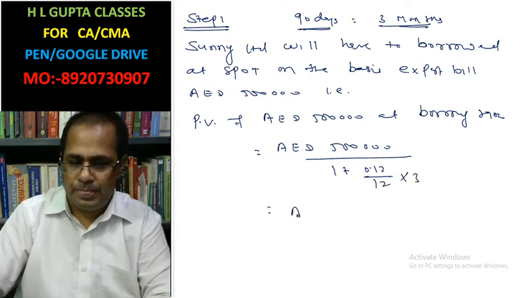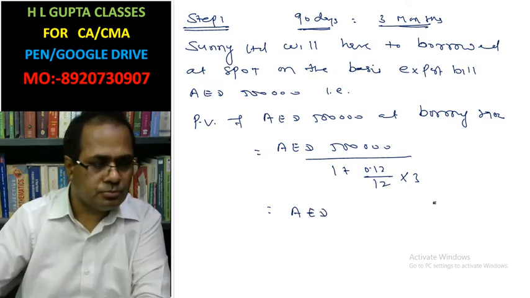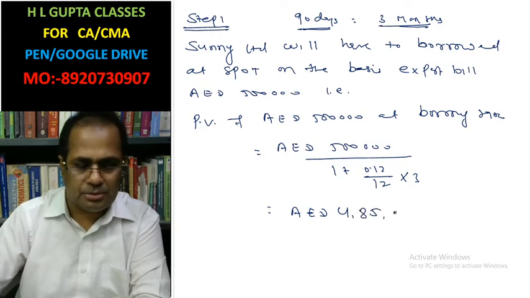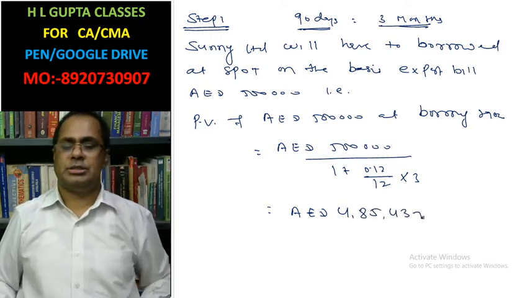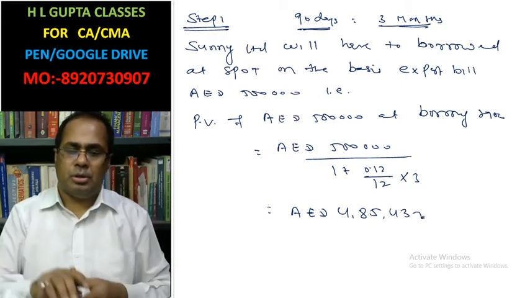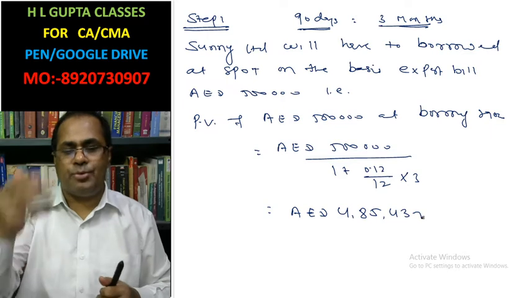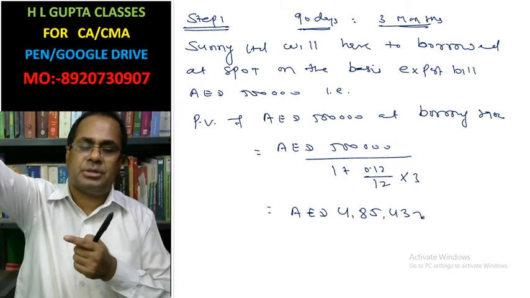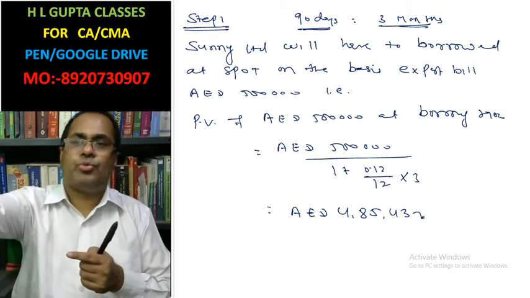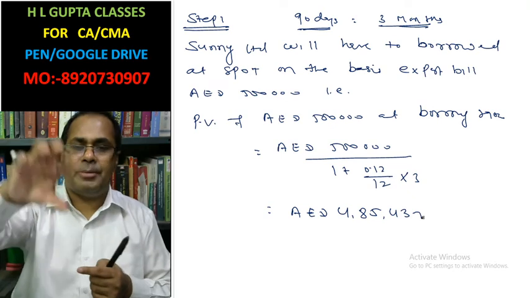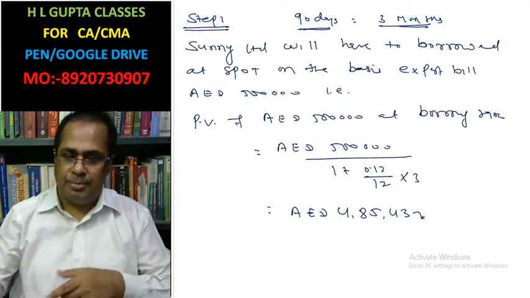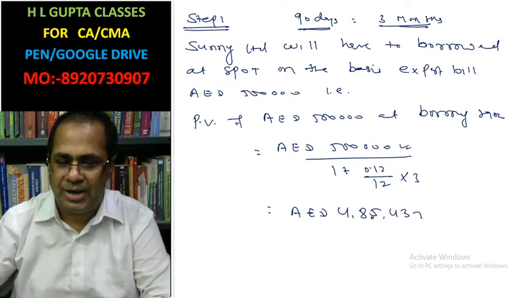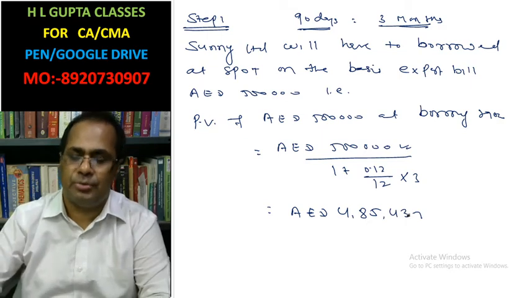That is AED 4,85,437. First, you have to borrow. You were to receive AED 5 lakh after 90 days, after 3 months. But in place of that, you borrowed from the bank on behalf of such bill, and you will receive 3 months earlier AED 4,85,437. This is just like bill discounting.